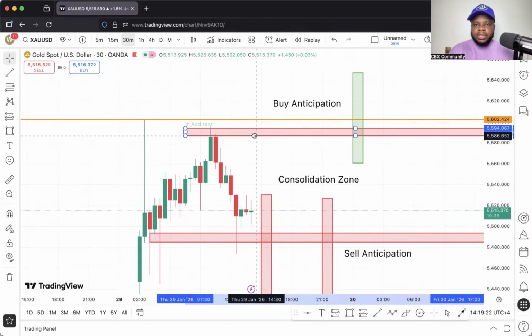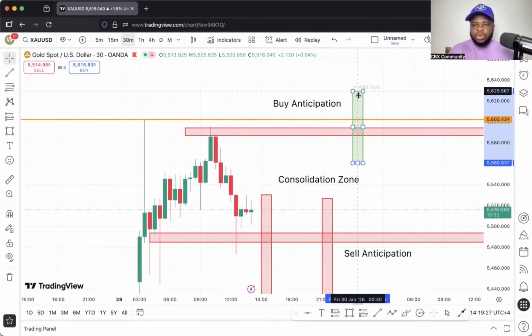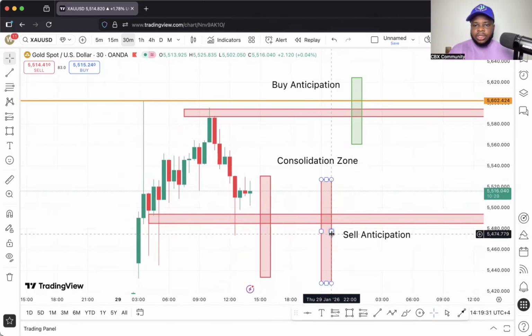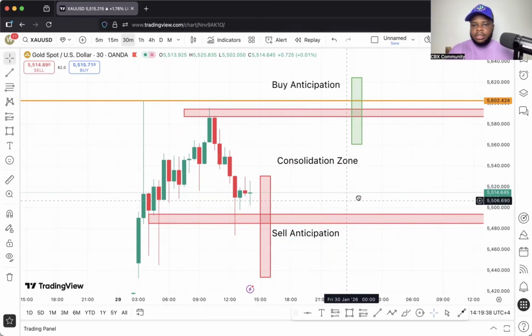So there's a high probability that the candle will get to this recent high and close with a bullish candle. So it's very important for us to know what we are anticipating the market to give to us before we decide to take a position. So for now, we don't need to do anything. So our sell anticipation is here.